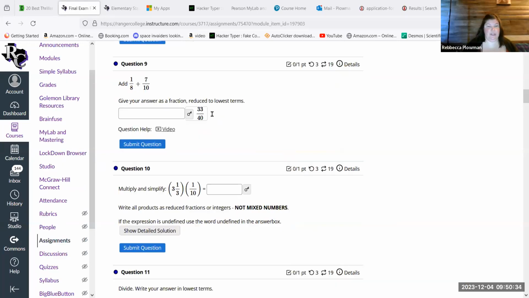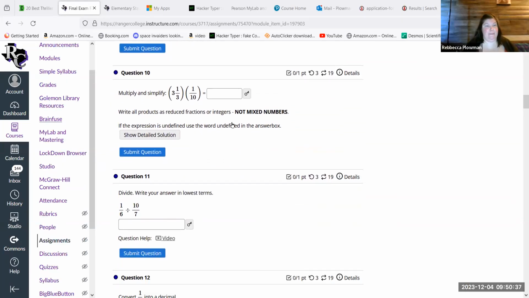So we're going to bring up these two here together to look at. So if we want to multiply these two numbers, we want to first turn this to an improper fraction. So 3 1/3 as an improper fraction will end up being 10/3.